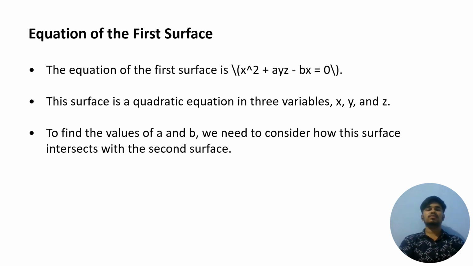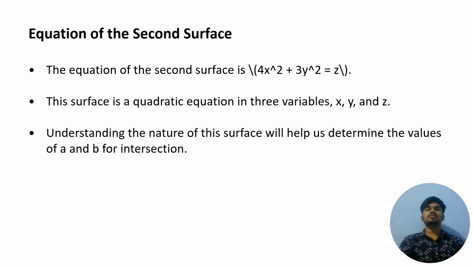Equation of the first surface. The equation of the first surface is a quadratic equation in three variables x, y, and z. To find the values of A and B, we need to consider how this surface intersects with the second surface.